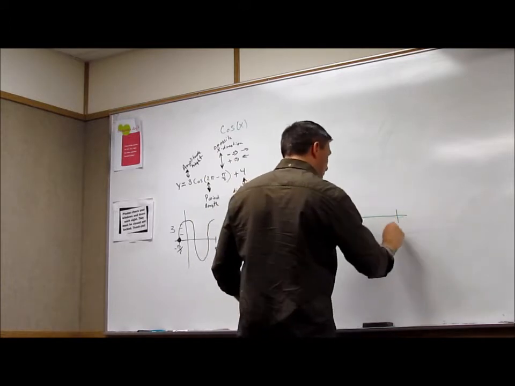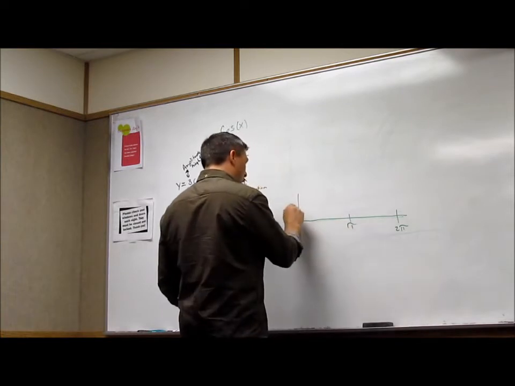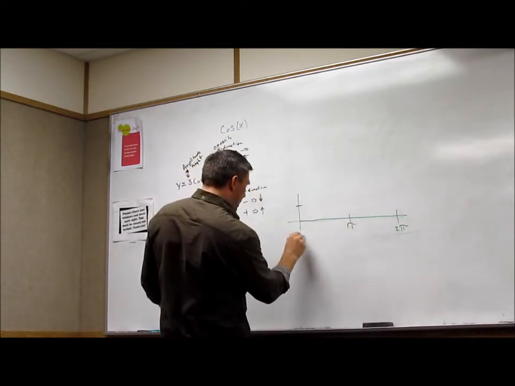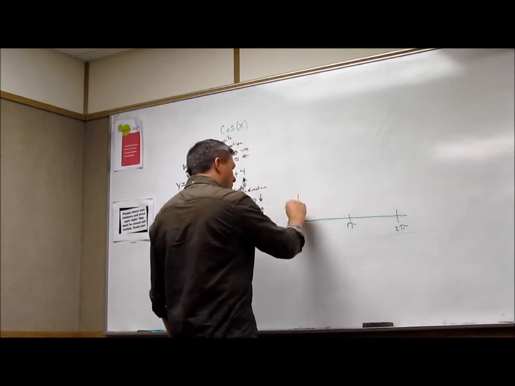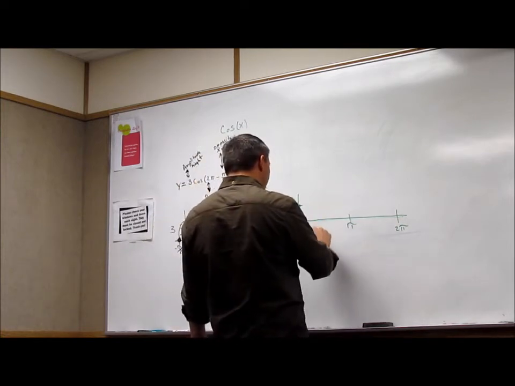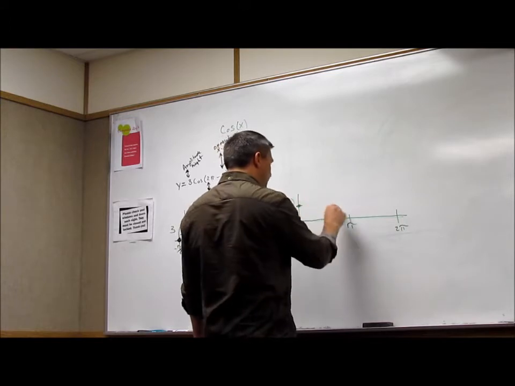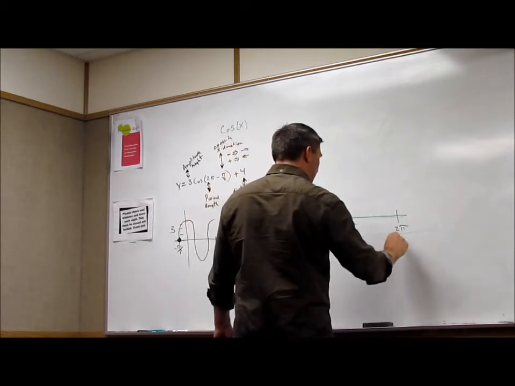So 2 pi, pi. We're going to go 1. I want to try to keep things as uniform as possible. This is just going to be cosine x, and so we're going to come down and back up.